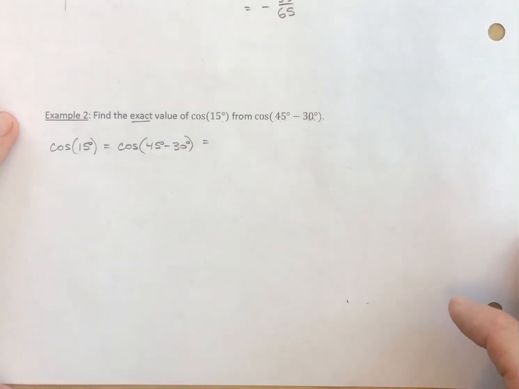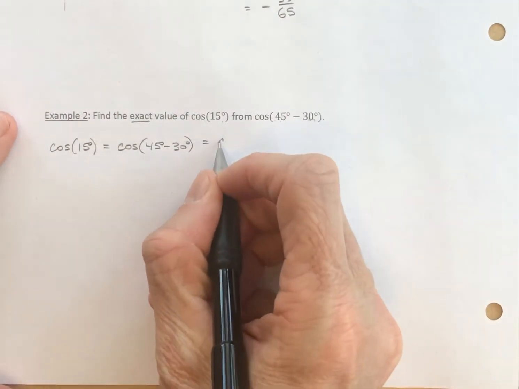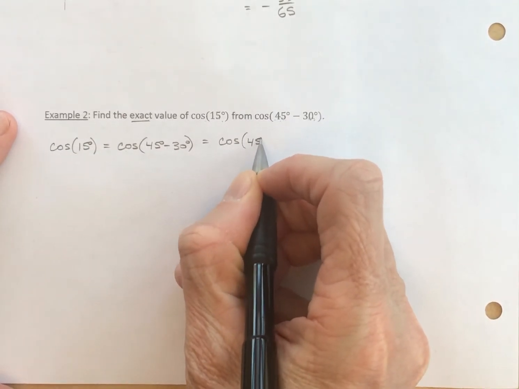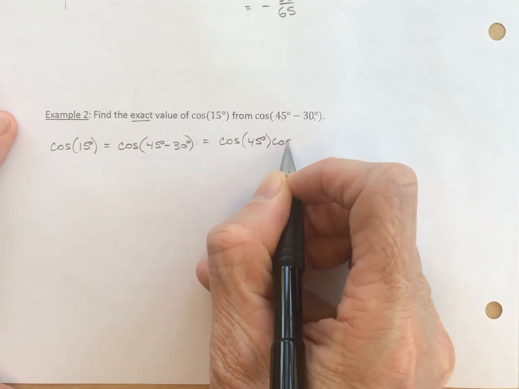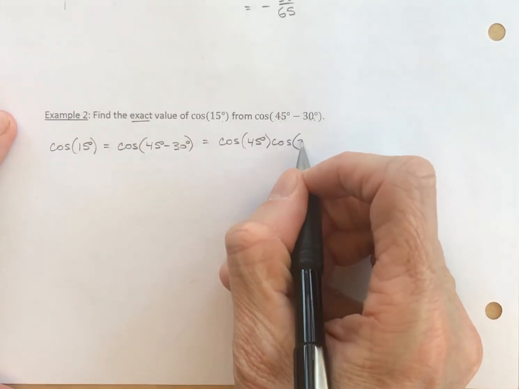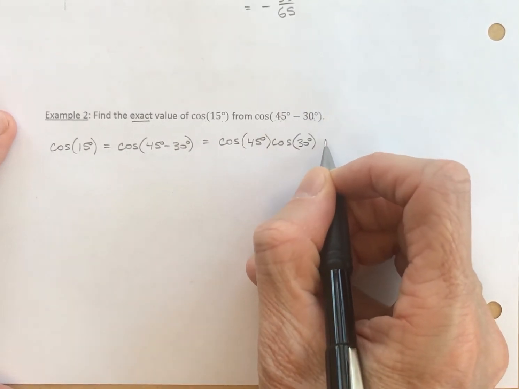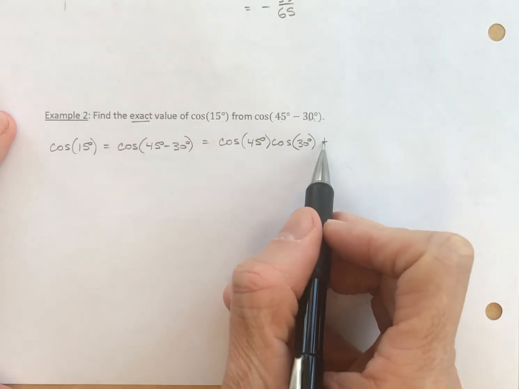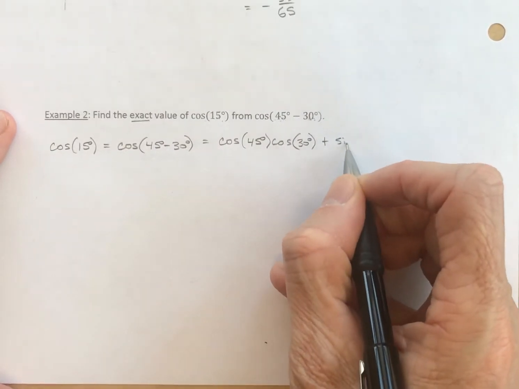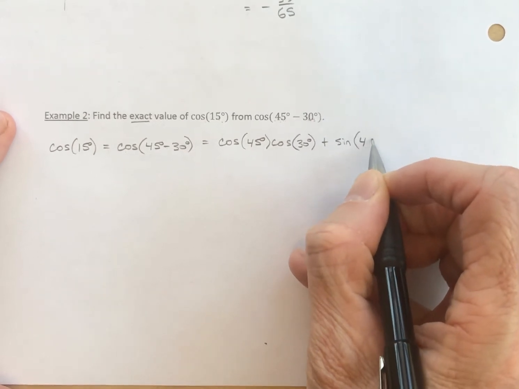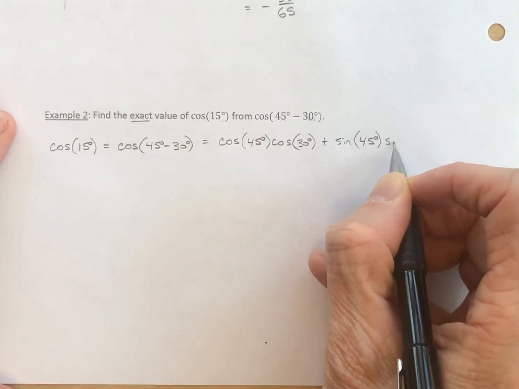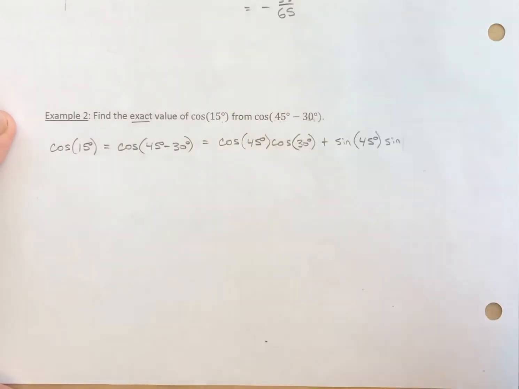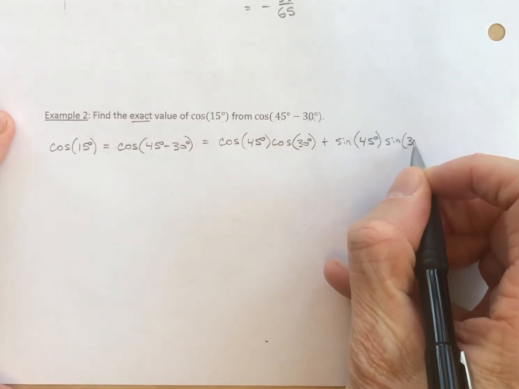So go back to here, and we'll say this is the cosine of alpha, cosine of beta, plus, remember for the cosine function, if this is minus, this is plus, the sine of alpha, which is 45 degrees, times the sine of beta, which is 30 degrees.